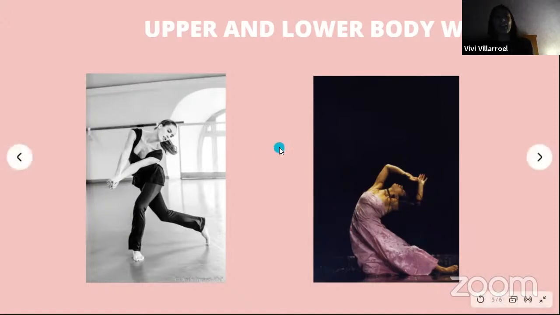So it doesn't matter if you are a jazz dancer or a ballet dancer. If you take contemporary, your body will be more free to move in different levels, not just up. You can be in the middle and on the floor, and that means that all your body will be prepared for that. Your feet and your chest and your hands. That's why the upper and lower body work is essential for dancers.